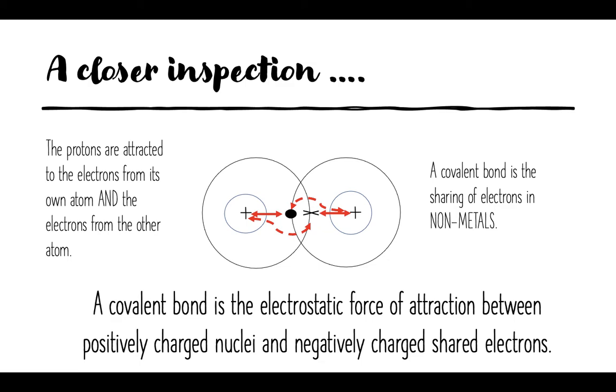So in a covalent bond, the nuclei, the protons in the middle, are attracted to the electrons of their own atom and the electrons of the atom that they are sharing with. And that attraction is what is holding these two or potentially more atoms together.